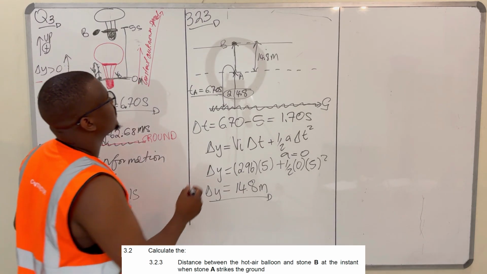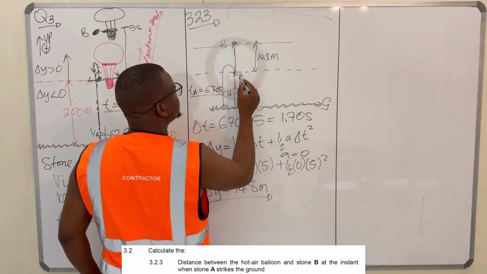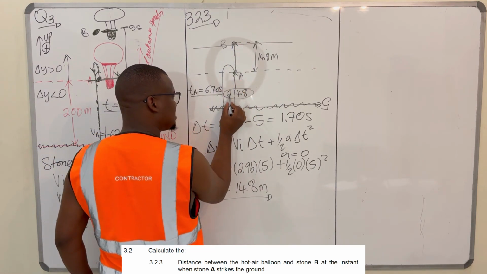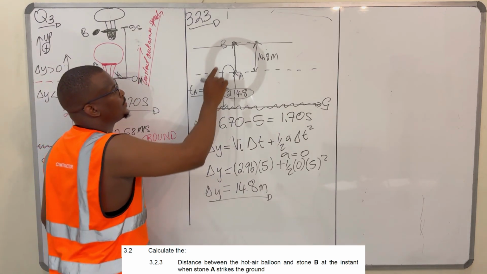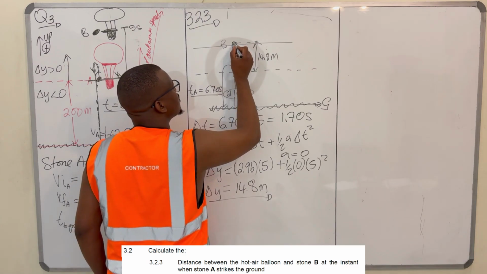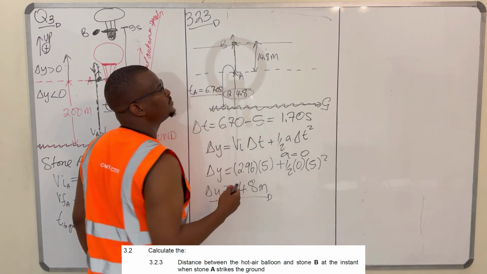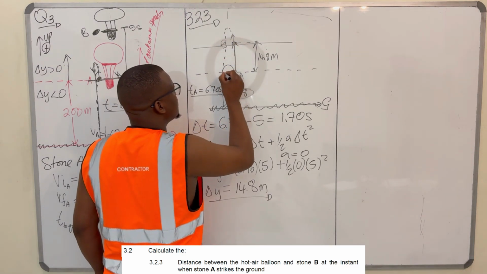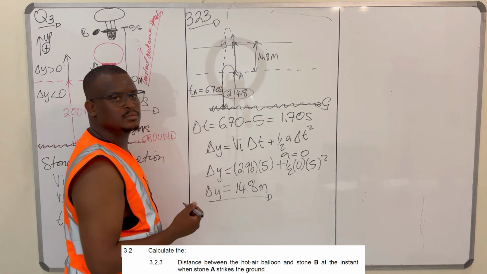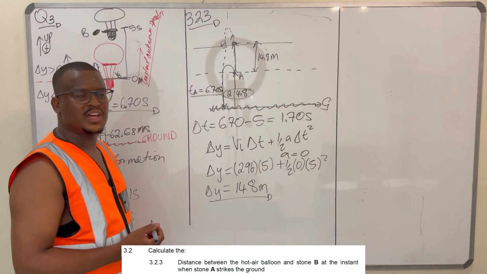We say, okay, now, at this point, 214.8 meters above the ground, stone B was dropped, which means stone B went up, right? And reached the maximum height and went down. That is what we know, right?